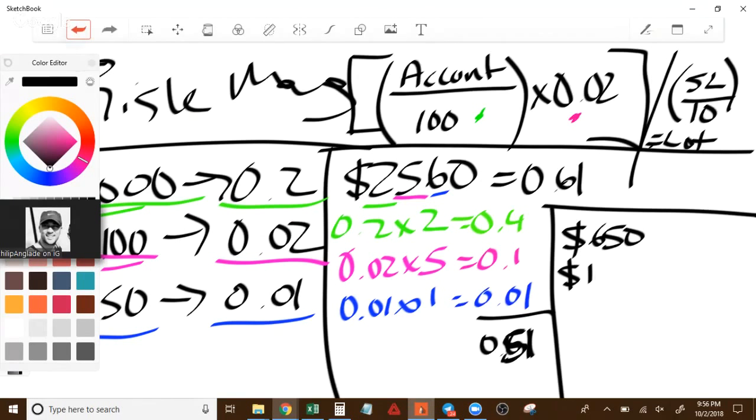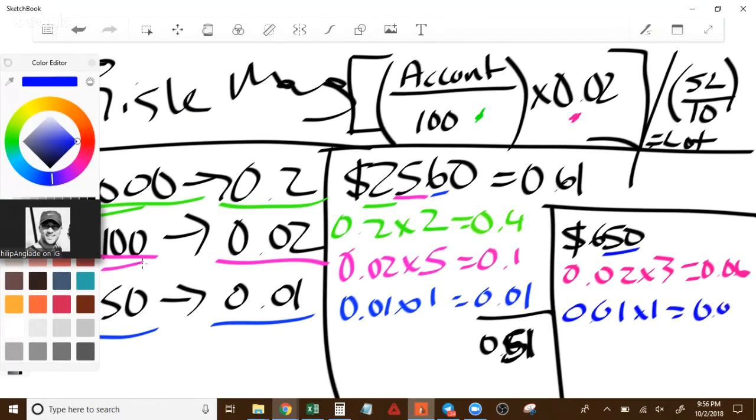It's supposed to be 100, so it's going to be 0.02. 0.02 times 3 equals 0.06, and then you have a 50, right? So it's 0.01 times 1, because you only have 150, right? Equals 0.01, and then that equals 0.07.